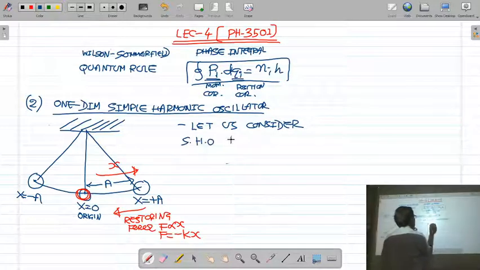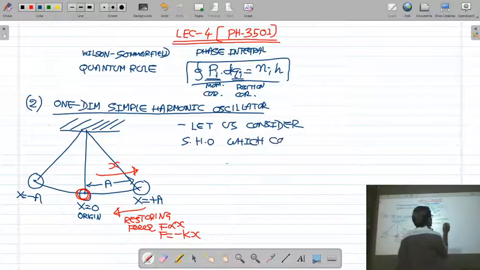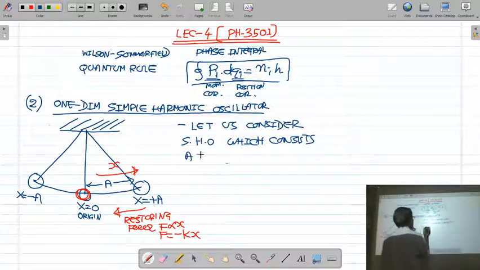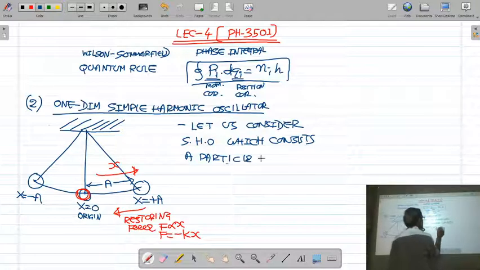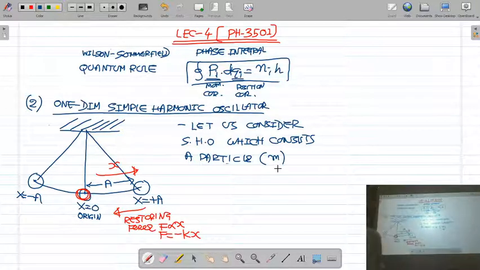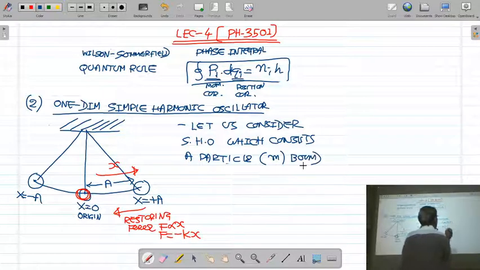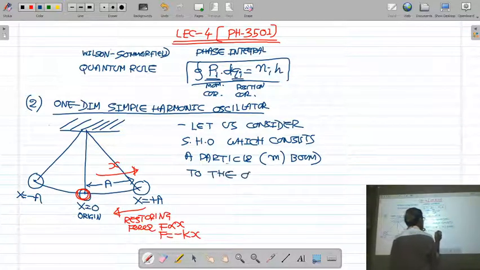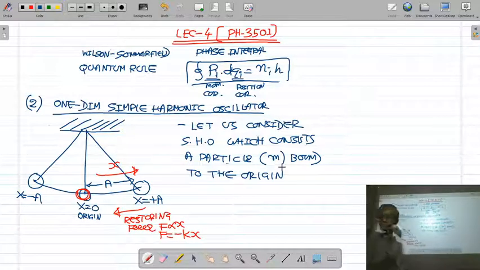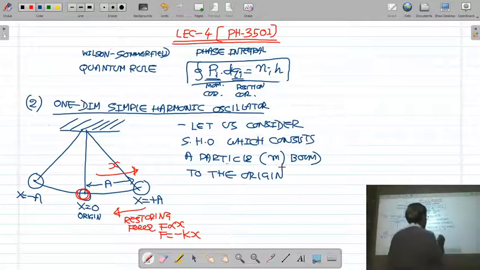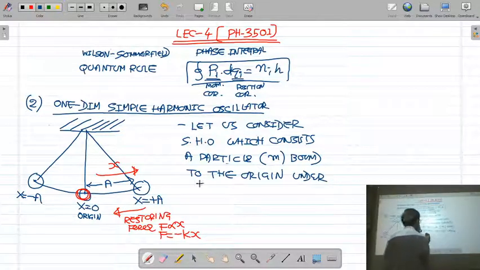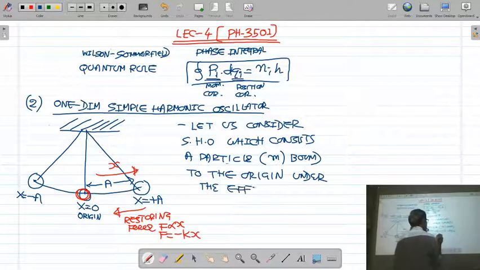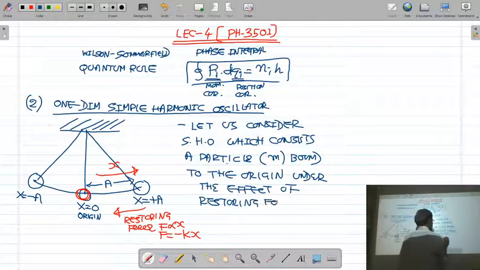Let us consider a simple harmonic oscillator which consists of a particle of mass m bound to the origin, under the effect of restoring force F equal to minus kx.